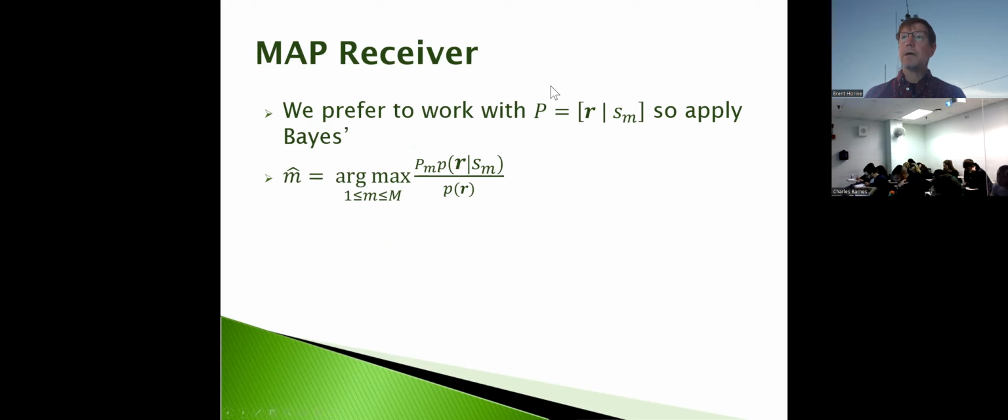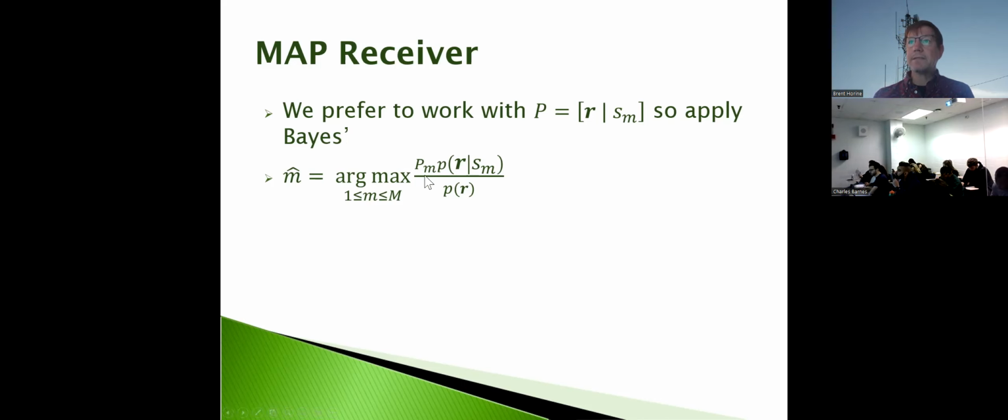Okay, so if we want to flip the order of these conditional arguments, we use Bayes' theorem or Bayes' rule, right? And that means that we'll continue to look at these vectors as a probability density function, but we have the conditional on top. We have the probability of R on the bottom and the probability of M being sent on the top.